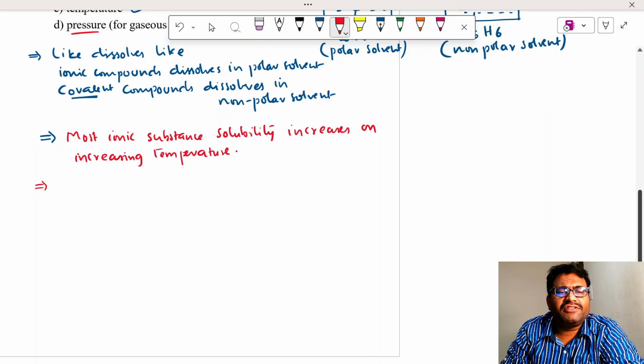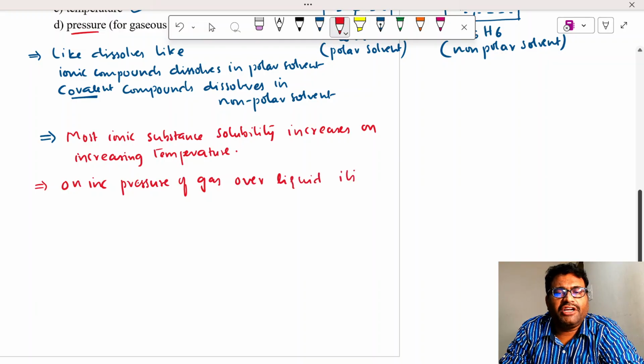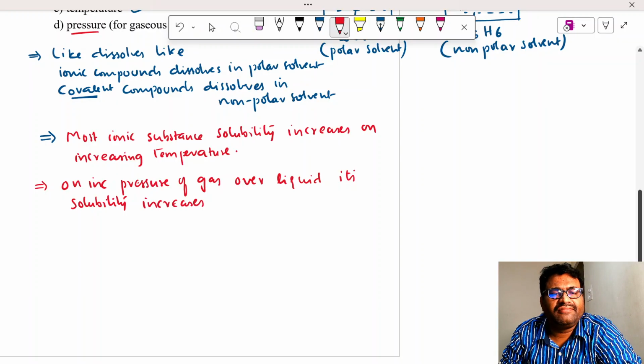So that means on increasing pressure of gas over liquid, the solubility of gas increases, because you are pressurizing it, and vice versa.